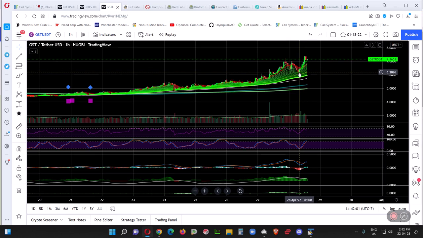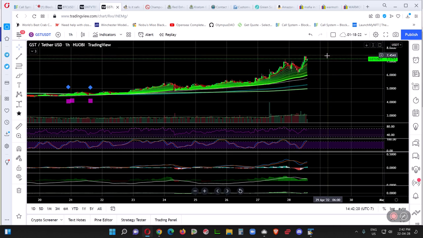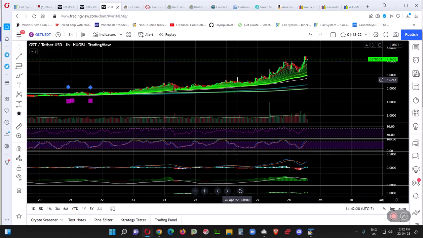This would have been a sweet entry point here for GST about 7-8 hours ago. You could have got it for just over $6, and you'd already be up by 15%. So yeah, this is a good one to trade and stay in.